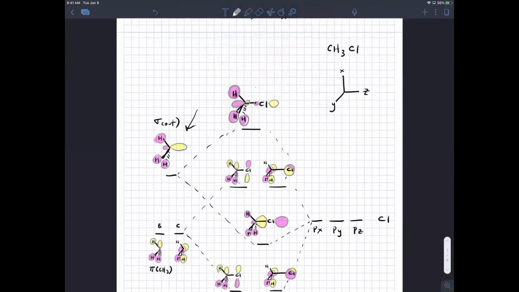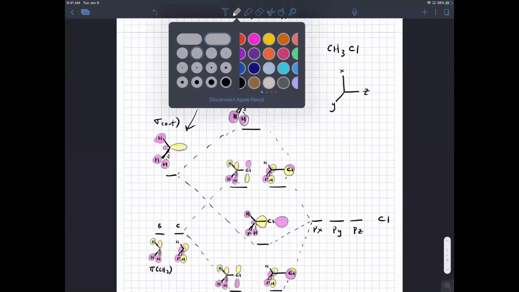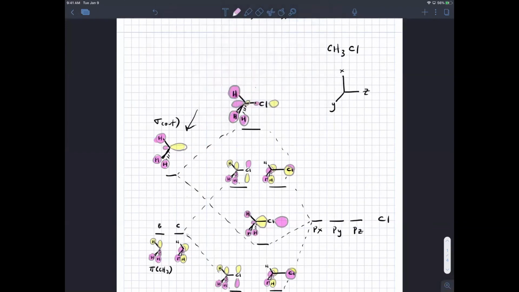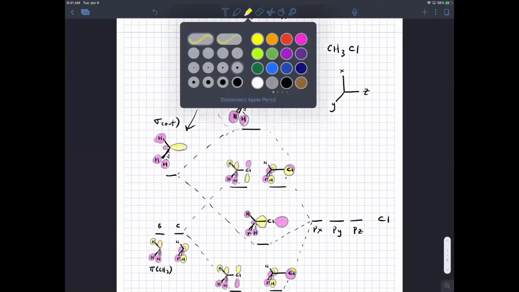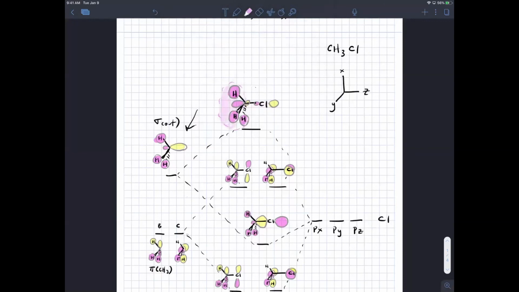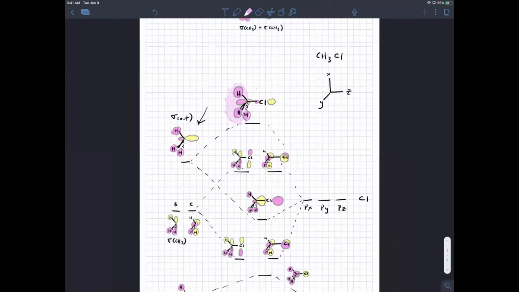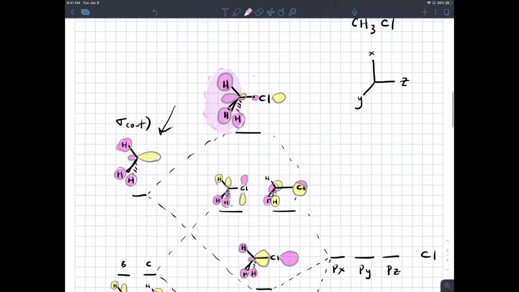And this starts to look like what you maybe have drawn previously for what a sigma star looks like. There's a large lobe on the backside of carbon, there are smaller lobes in between, and a smaller lobe on the outside of chlorine.